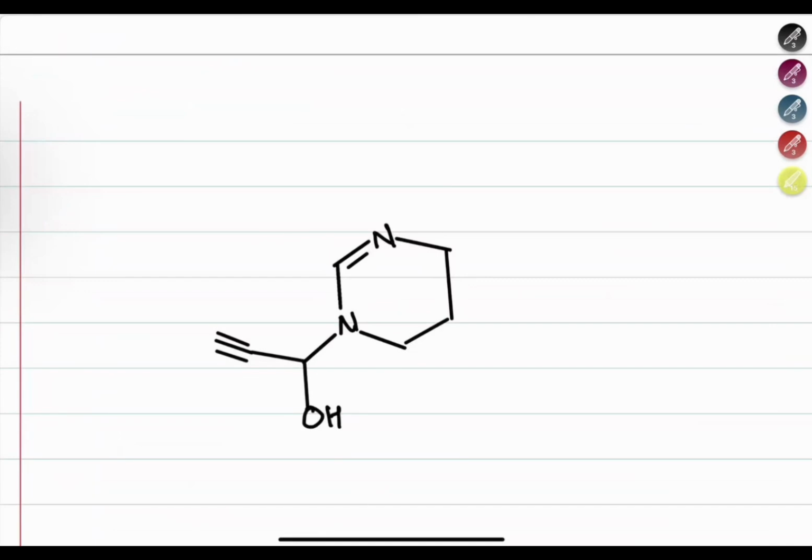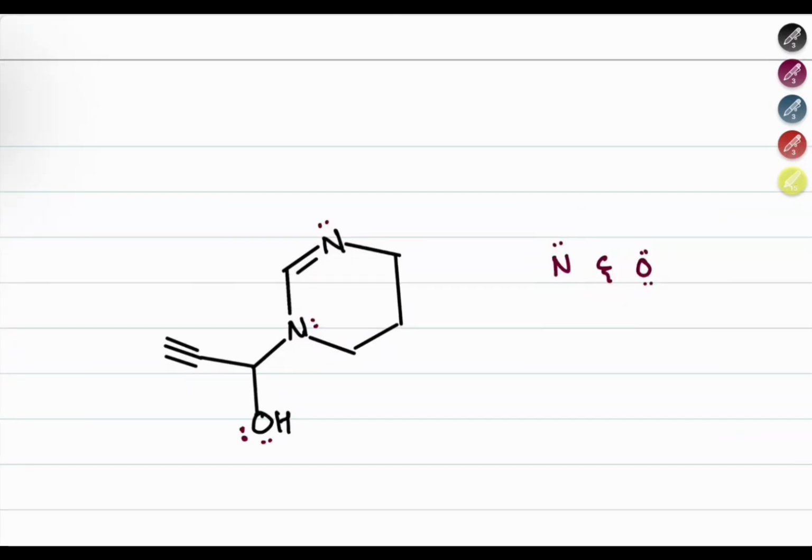In this molecule, we can see both nitrogen atoms and an oxygen atom. And we know in oxygen there are 2 lone pairs and there is 1 lone pair in both these nitrogens. If both nitrogen and oxygen are present in our molecule and both have lone pairs, nitrogen will have high basicity and will donate its lone pair to the proton, because compared to nitrogen, oxygen is the more electronegative atom.